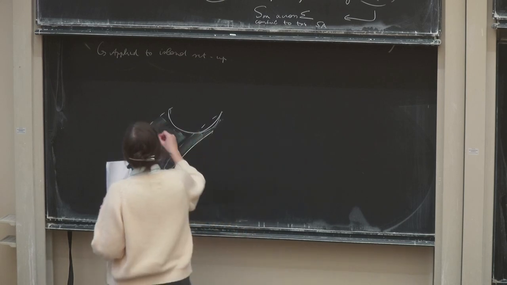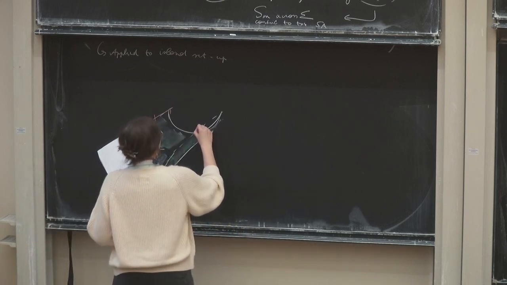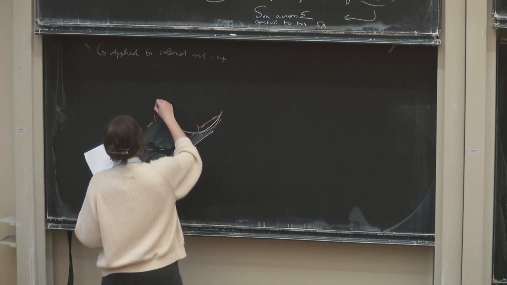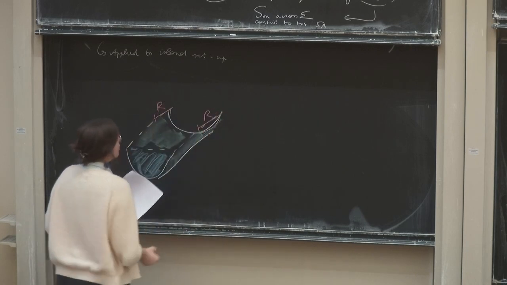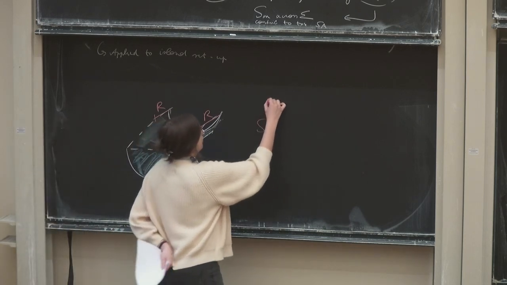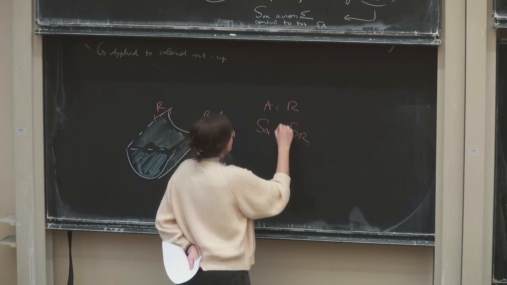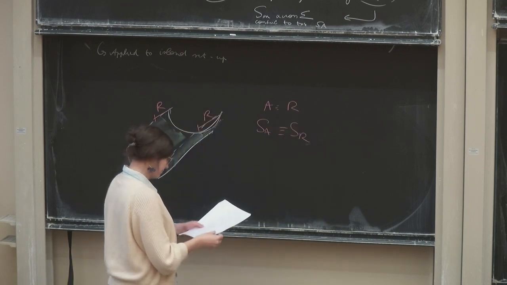And then we chose this region A, which for physical reasons we now call region R for radiation, of which we want to calculate the entropy, so which we now call S_R.